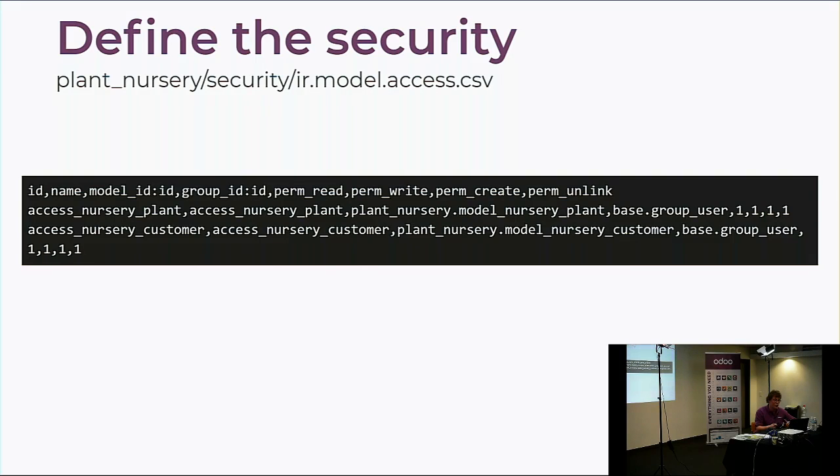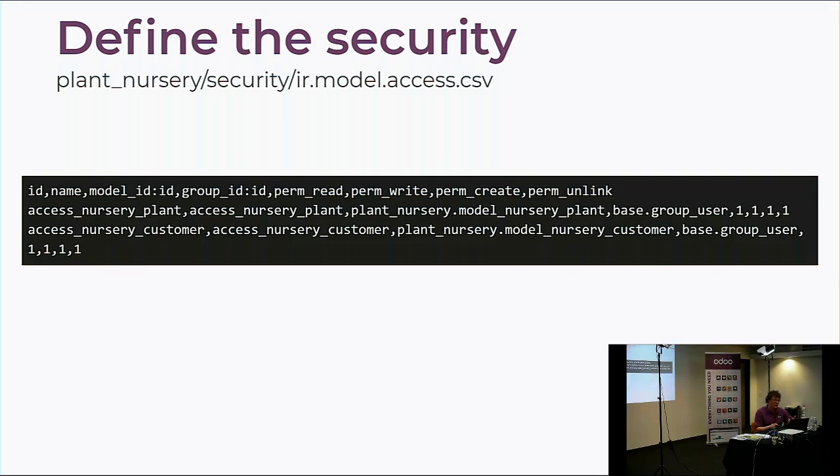Here we define one rule for each model, so the models nursery plant and nursery customer. And we give the right to read, to write, to create, and to unlink a record to the group user, which is here. The group user is the internal user group. So mainly it's the employees of the company.